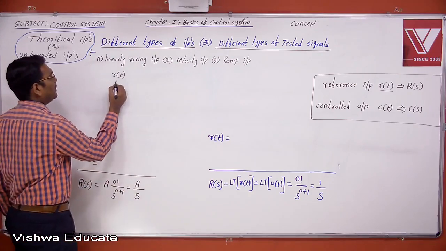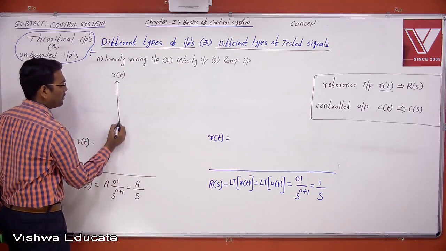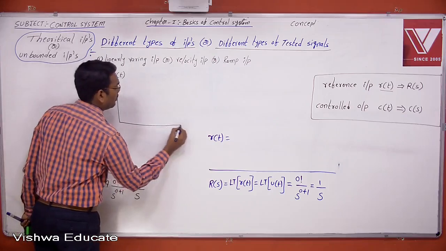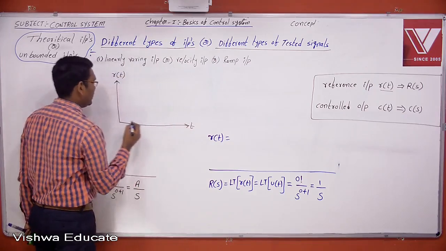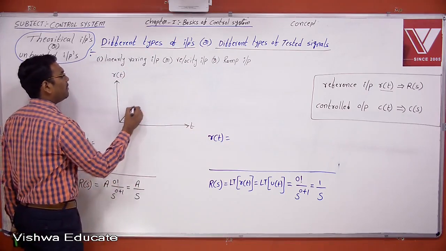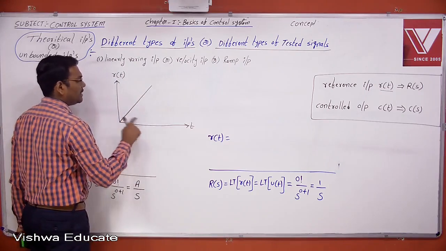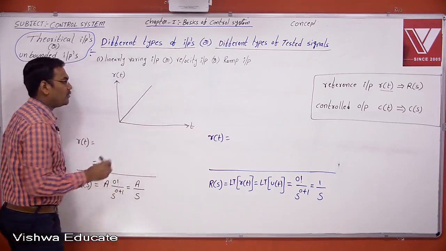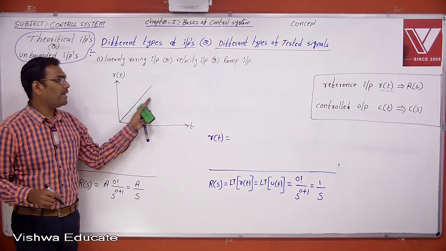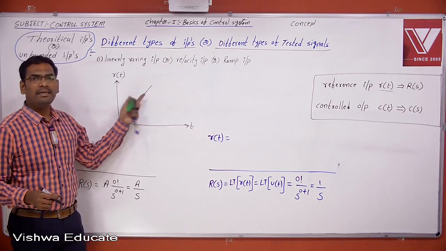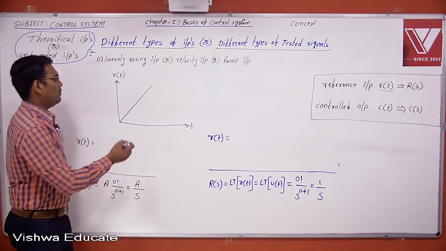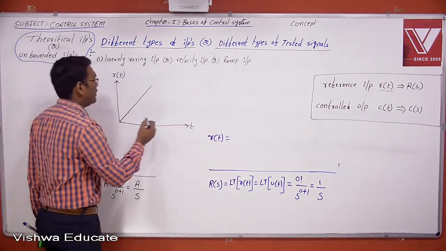Now this linearly varying input: you know that whenever a signal is linearly varying with respect to time, it has some slope, because it is linearly changing with respect to time.